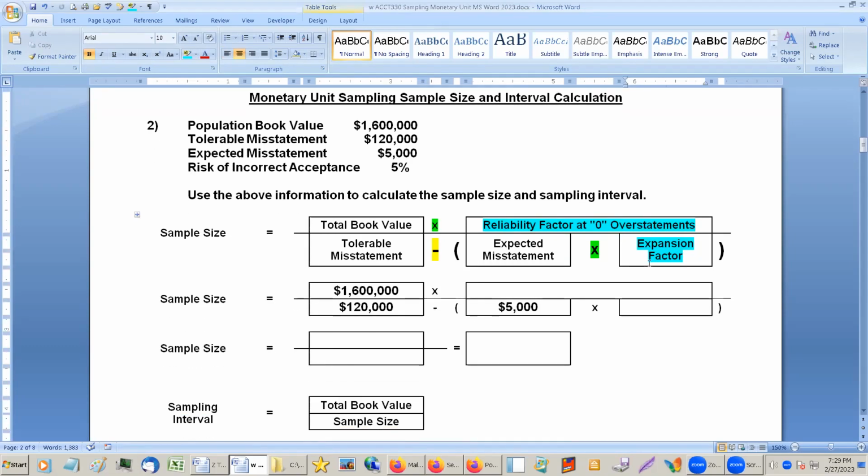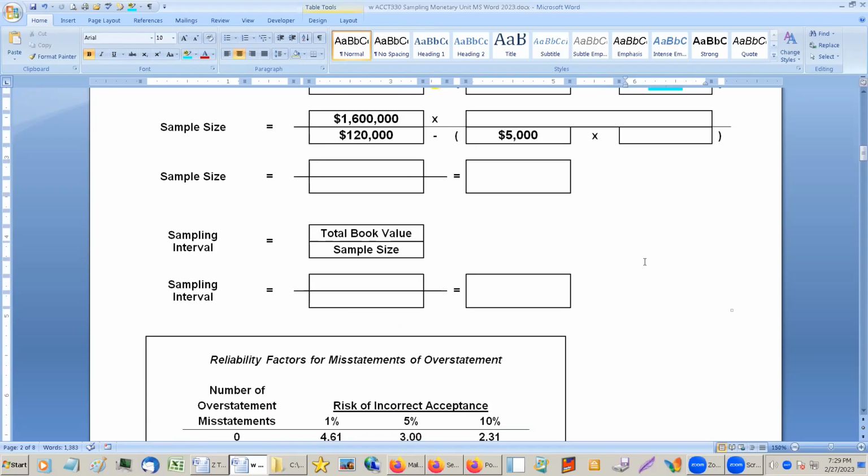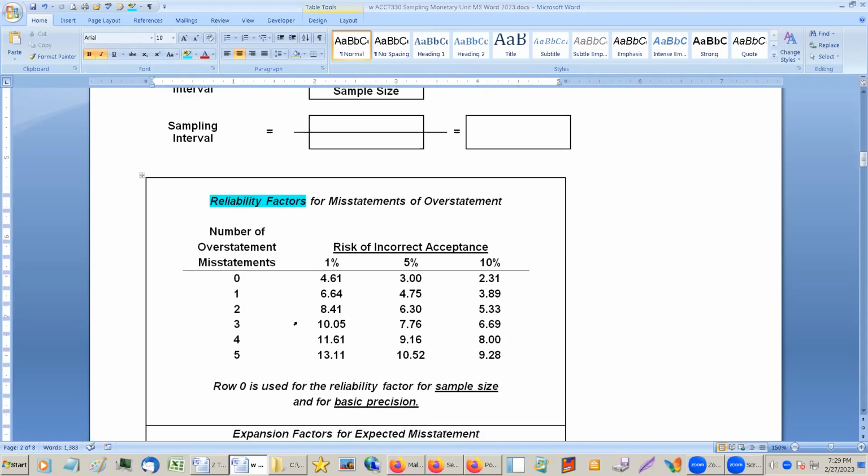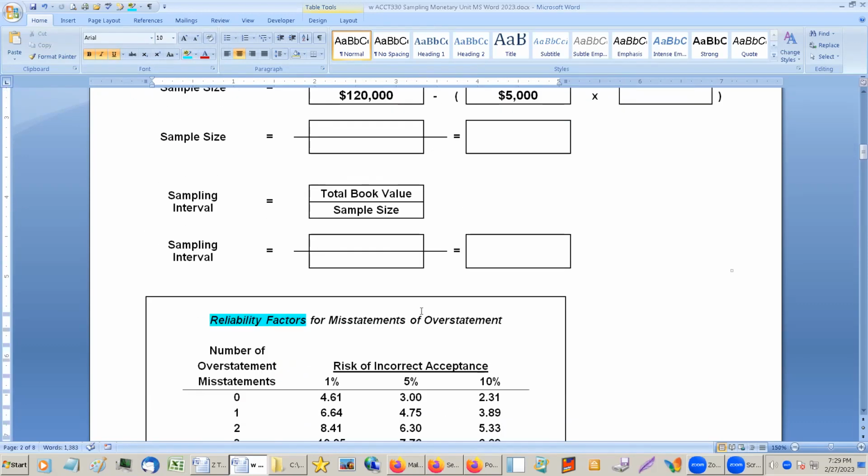Obvious question now is, what are those? And those are down here. So down here we have reliability factor. We'll do that one first. And row 0 is used for the reliability factor for sample size. Actually, it says that up here too.